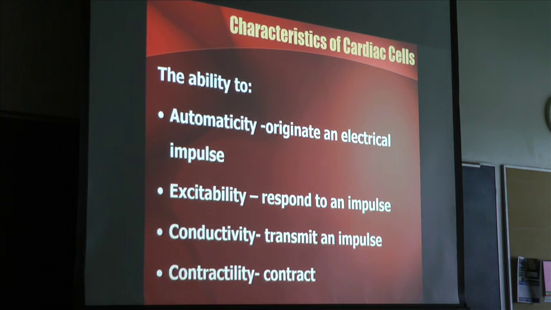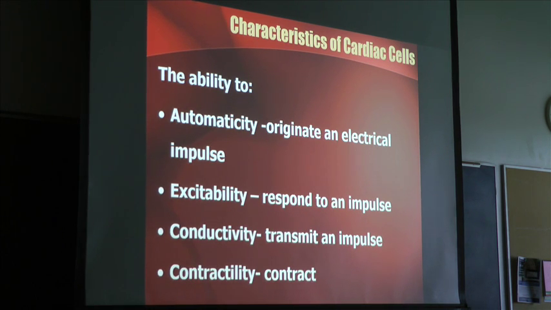What I have written down says any cell in the heart has the ability to initiate an impulse and to contract, which explains how we can have irritable areas in the heart. If you have an area of the heart that's not getting enough oxygen and it becomes irritable, it starts its own conduction and starts sending out impulses into the heart, and we end up with cardiac arrhythmias. So that's the reason for me giving you the definition.